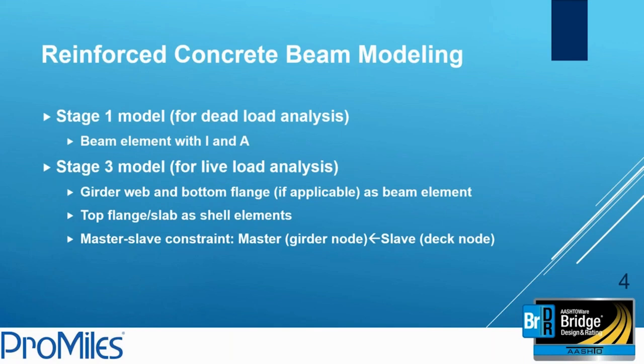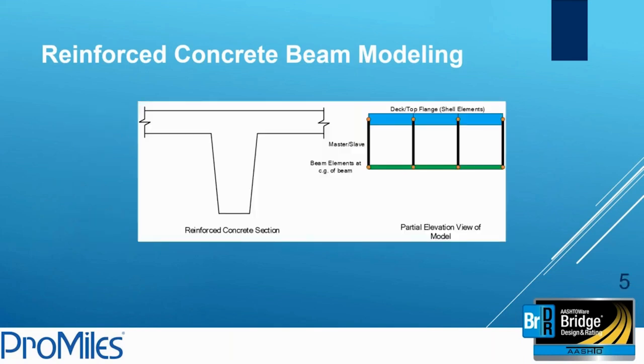There is a schematic which shows the modeling of a typical reinforced concrete section, where the beam element for the web and the bottom flange, if applicable, is at the CG of the beam, and the deck or the top flange is at the half depth of the deck or top flange.